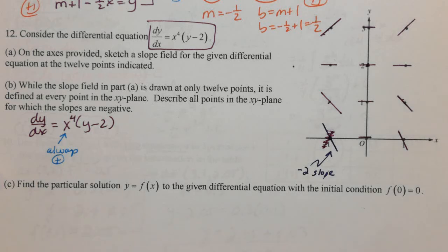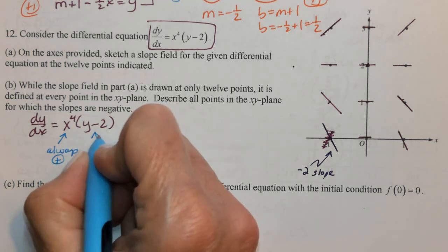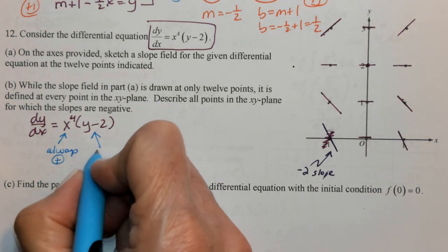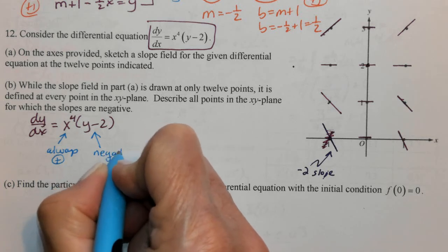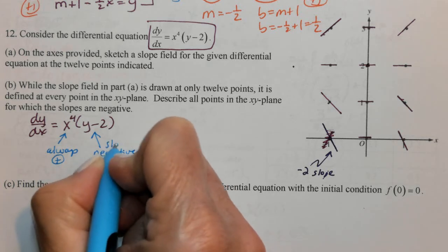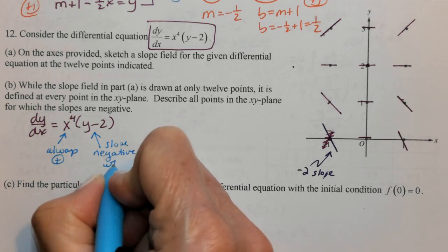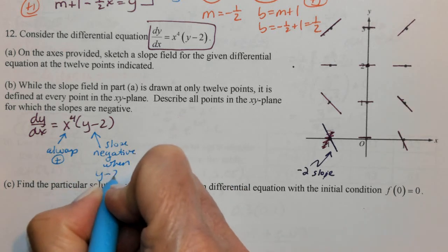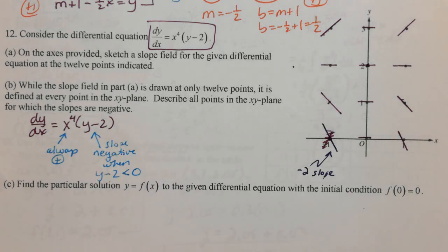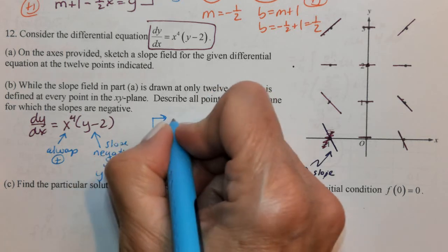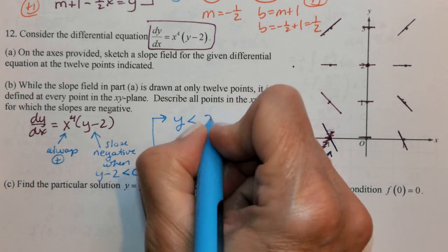So the only part that could possibly make it negative is the y value. And the slope is negative when that piece is negative, correct? Well, that piece is negative when y is less than 2.